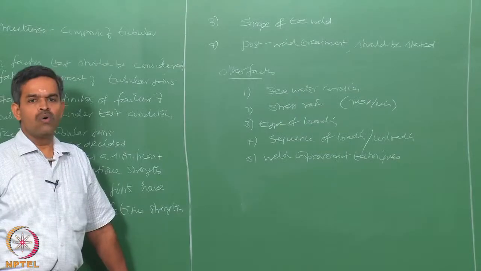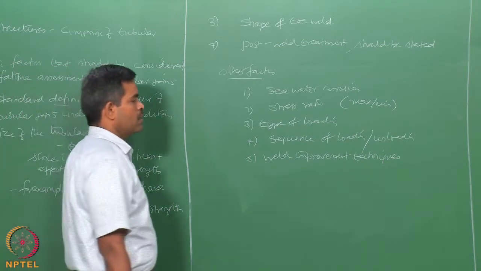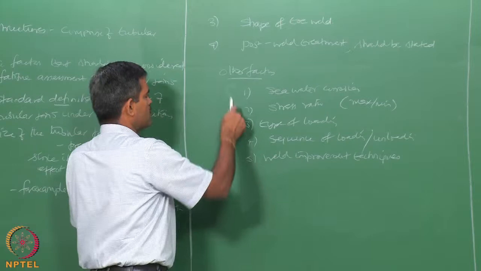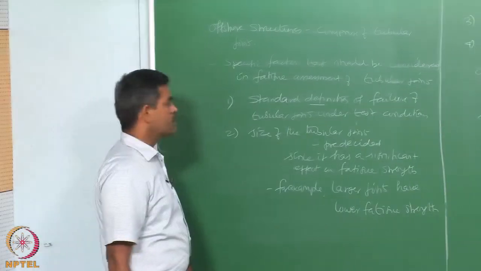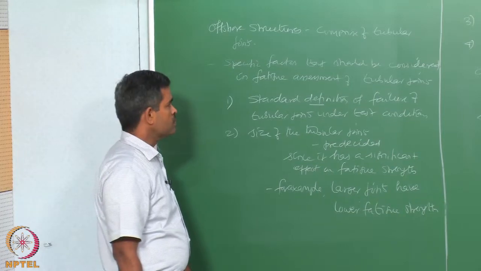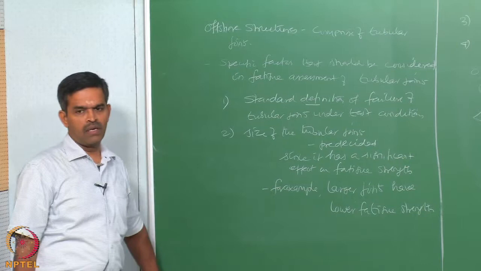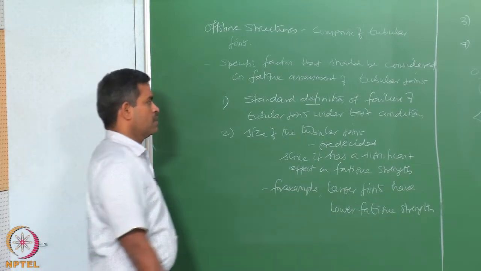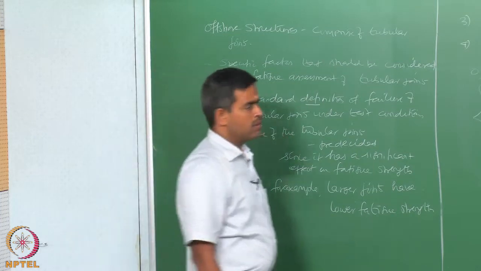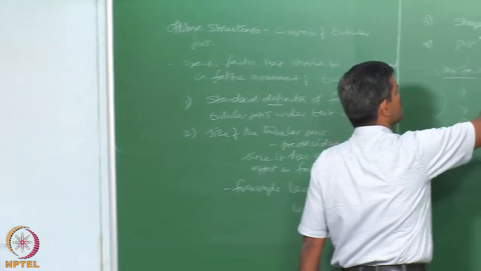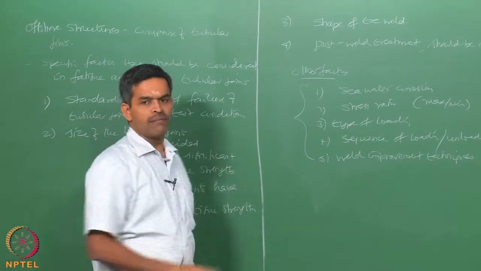Since there are no equations or parameters which can significantly include these factors' effect on the fatigue assessment, as well as the parameters which are majorly influencing the fatigue assessment, like definition of failure, size of the tubular joint, weld treatment, shape of the weld, etc., one should account for all of them indirectly.